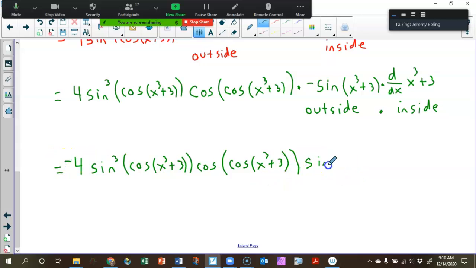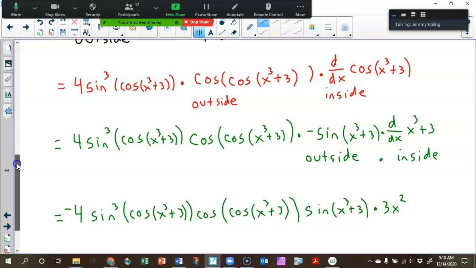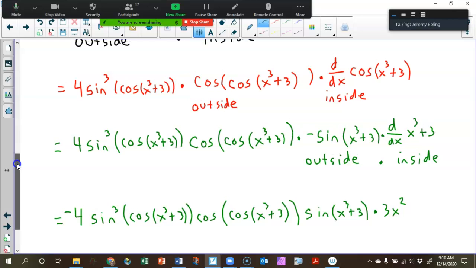Times the sine of x cubed plus 3 times the derivative of x cubed is 3x squared, and the derivative of 3 is 0. And so yes, we could call this negative 12x squared, but we just kept repeating the chain rule. Start on the outside times the derivative of the inside. That's the pattern, right, that you all noticed in those first 10 problems. That's our chain rule. Okay?